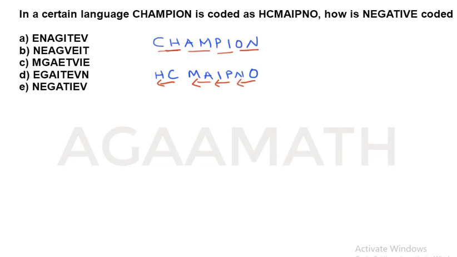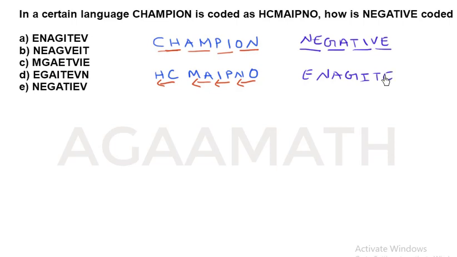Similarly, if you take negative, NEGATIVE, the first two letters NE become EN. NEGA, means AG. TI means IT.